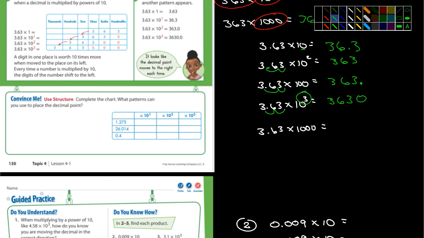So 3.63 times 10 to the 3rd is 3,630. I moved it 3 places. I didn't stop at the 3 because I had to add a 0. So again, same thing, 3.63 times 1,000, it's the same thing as 10 to the 3rd.